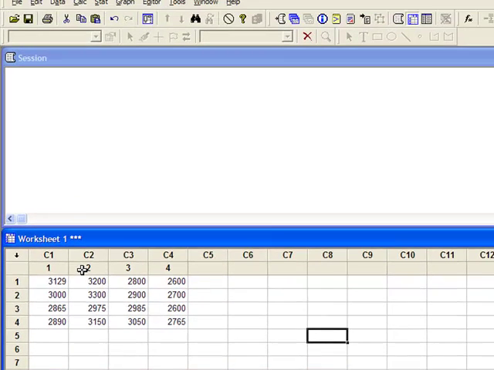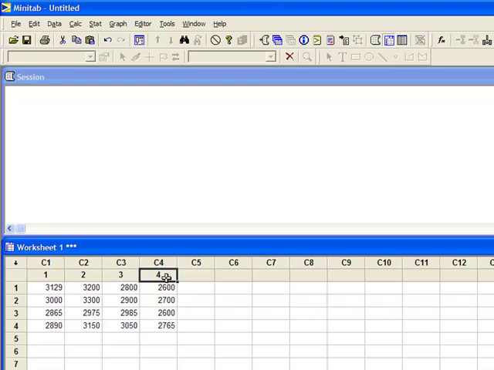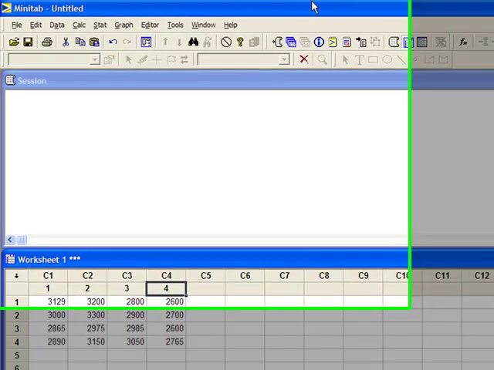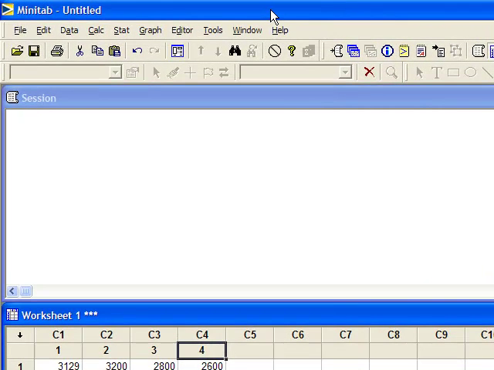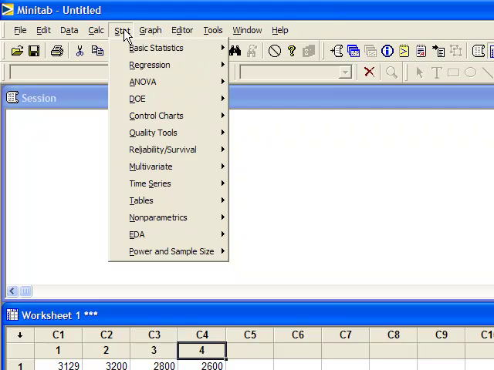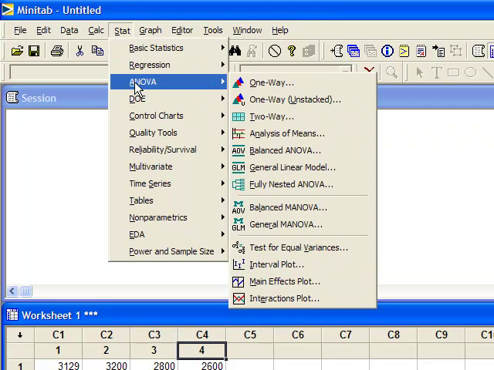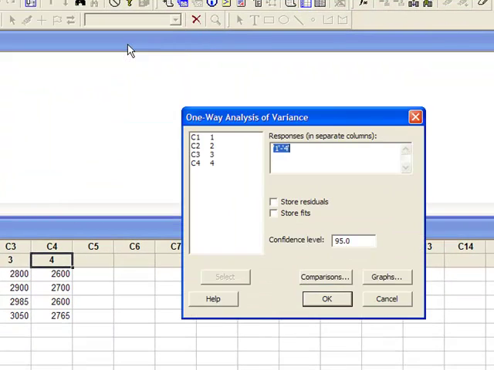Similarly 2, 3, 4, and I have all the data here. Now what I will do is go to Stat, then ANOVA, and then One-Way Unstacked, right?